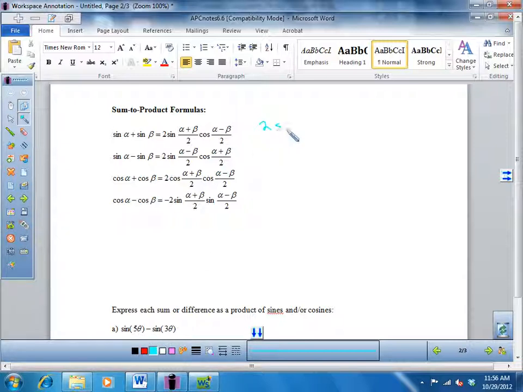2 sine of 5 theta. Wait, that's the wrong formula. I want to use this formula, right? Sine of alpha minus sine of beta, which is this one.